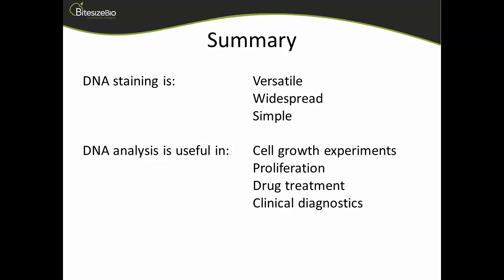The next question, Derek, is how many events do you think you should acquire per sample? It's not so much the events you acquire per sample, but the number of events that you're going to be interested in after you've gated and worked out. So, if we were to say you always acquire 10,000 cells, if 90% of your cells were dead before you fix them, you're going to exclude those from your analysis. You'll only end up with 1,000 relevant cells, which is sort of towards the low end for statistical robustness.